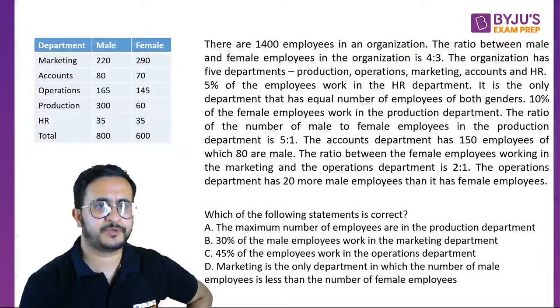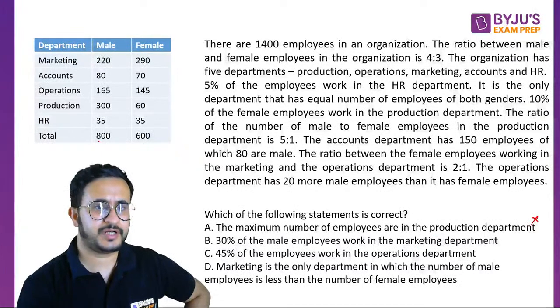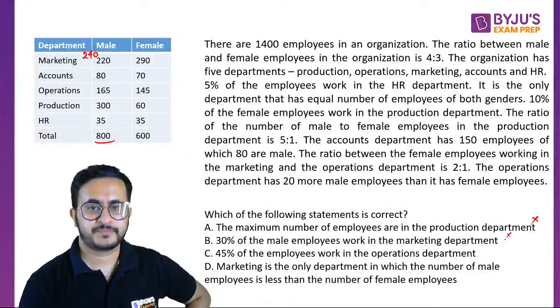No, it is not production, it is the marketing department. 30% of the male employees work in marketing department. There are 800 male employees, 30% is 240. That is not correct.